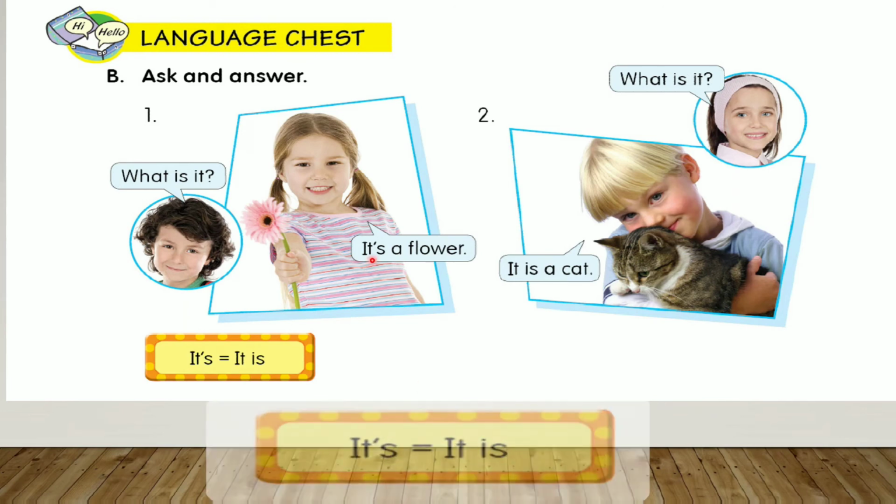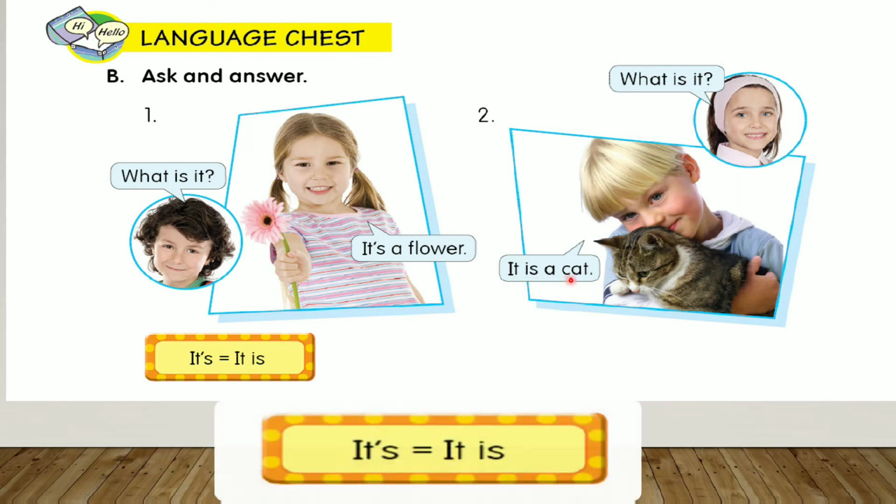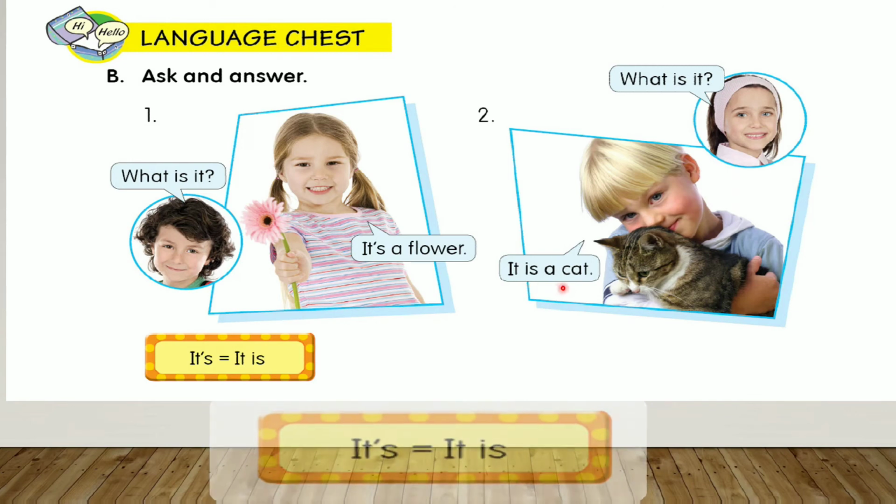In this case, they used "it's." You can also say "it's a flower," or you can also say "it is a cat." Here too, "it's a flower," or "it is a flower." Both are correct.